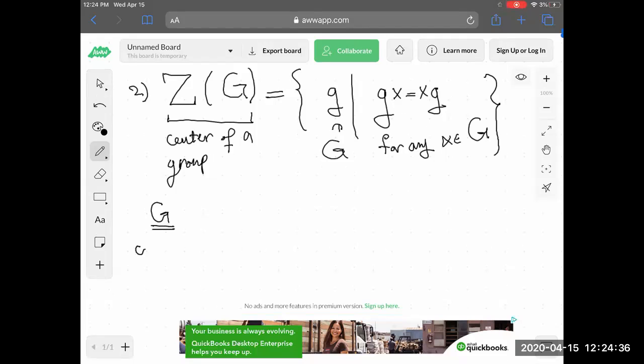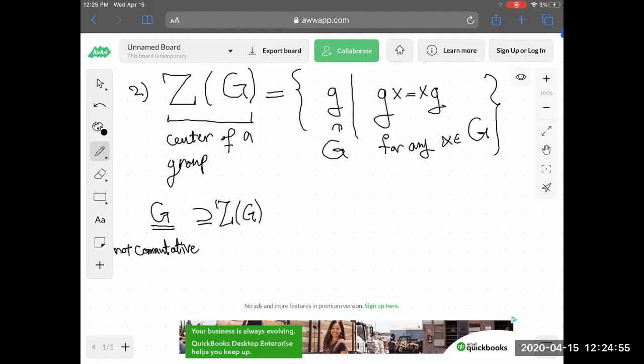Suppose it's not commutative, there are still elements in G, which we denote Z of G, the center of G, that still commute with every other element.